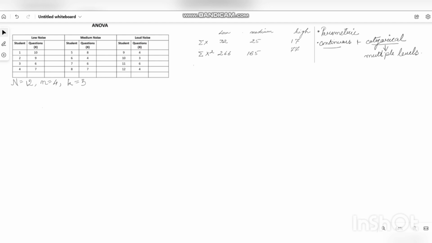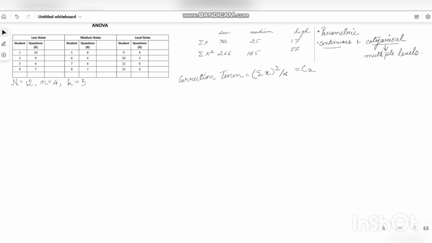The first calculation we will do is find the correction term, which is equal to summation of x whole square by n. It is also denoted by C subscript x.